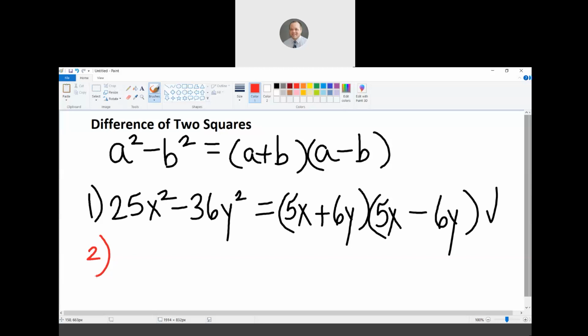Second question, we have 9c squared minus 729. Regardless of what you are factoring, always check for a GCF. Actually, both terms are divisible by 9.